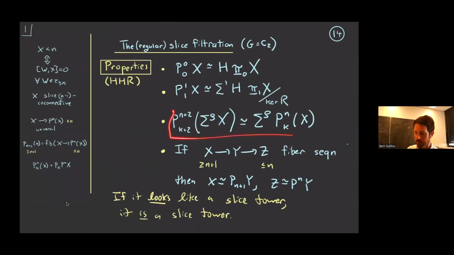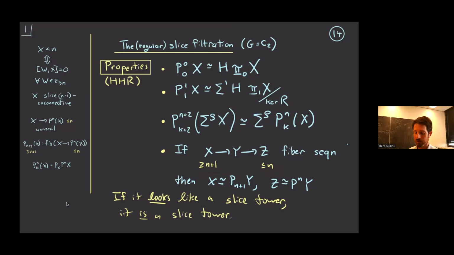And then we do have this formula that was one of the motivating formulas. Another thing that's very useful is, suppose that we have a fiber sequence where the target is at most n and the fiber is at least n plus 1. This looks like it could potentially be a slice sequence. In the Postnikov setting, it would be pretty clear that this must be the Postnikov filtration.